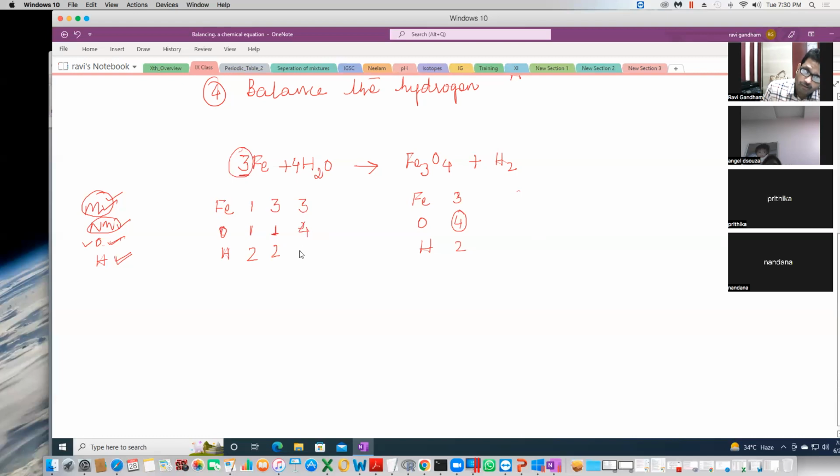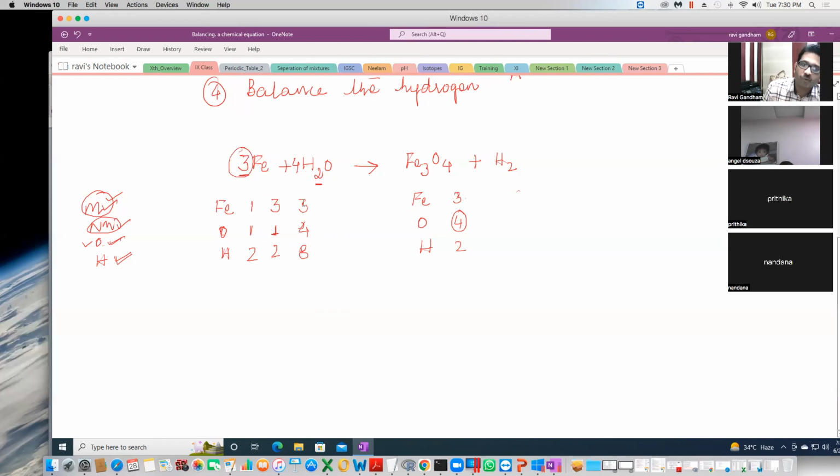Hydrogen is 4 into 2, which is 8, right? Don't add it; the coefficients are multiplied. 4 into 2 is 8. Okay.